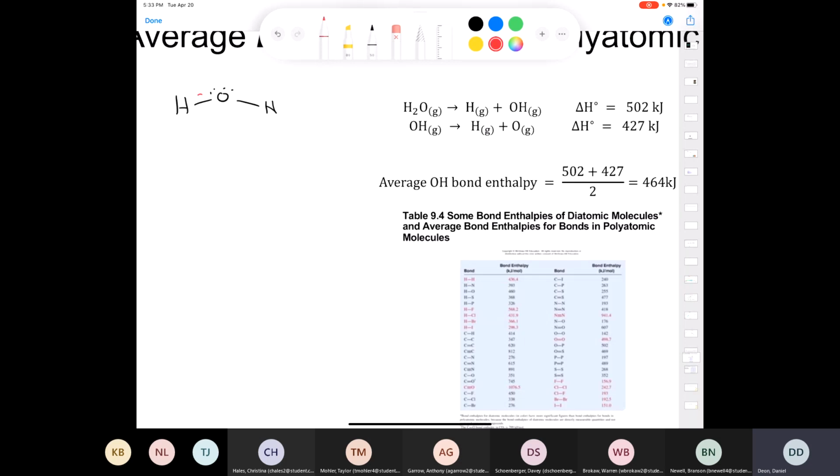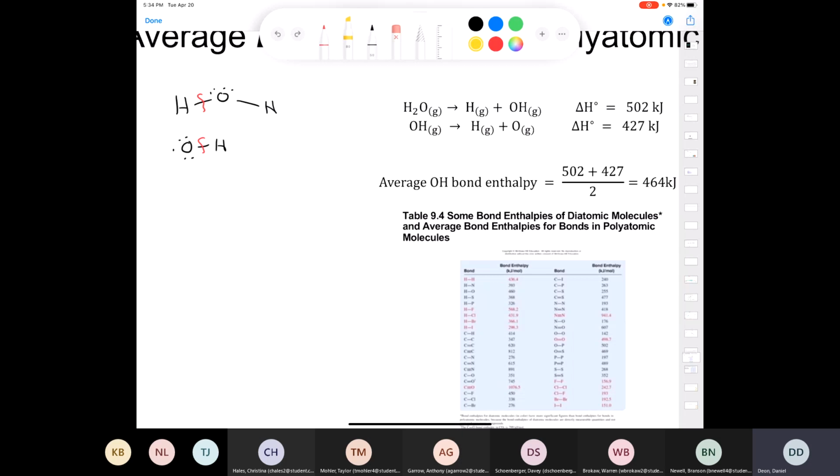If you break a bond between the oxygen and the hydrogen, it costs you 502 kilojoules per mole. Then after you've broken that bond, you're left over with OH, which would be a radical actually, but that's neither here nor there. But if you wanted to break this bond, it's going to cost you 427 kilojoules per mole.